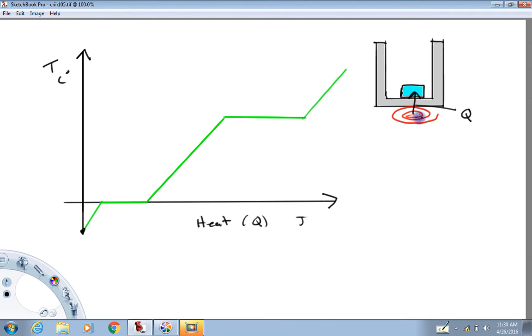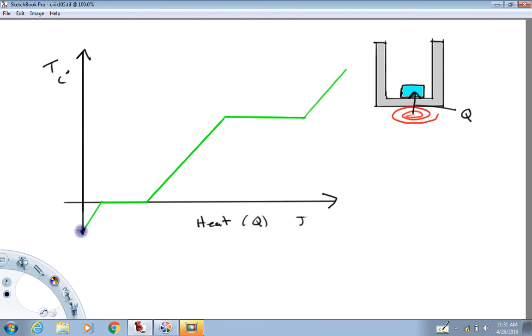Now, as heat transfer occurs, the temperature of the ice cube is going to start going up. Especially if you heat it slowly, then your temperature changes will be linear in nature. So the first part of this graph looks like this. We get basically a linear relationship between temperature and heat added.